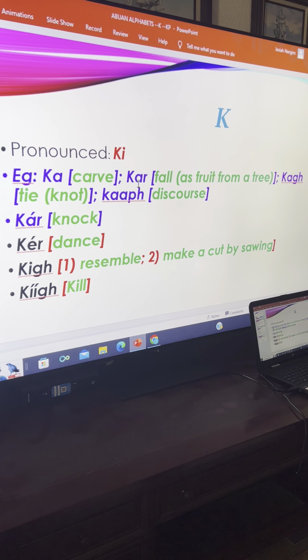That is kar. When the fall has to do with something falling from a standing position, like a person falling down while standing, that is omail, okay? We would get to that word when we get to M, we will deal with that.